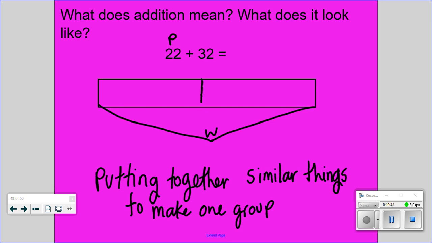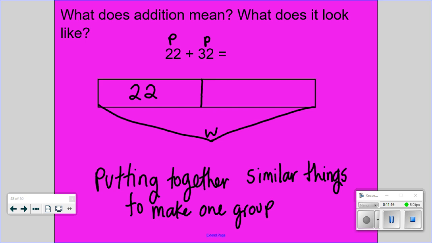I'm also going to break apart my bar and make one of my parts worth 22. That's one section, one part. My other number in this equation is 32. That's going to be my other part, so I'm going to write a P above 32.